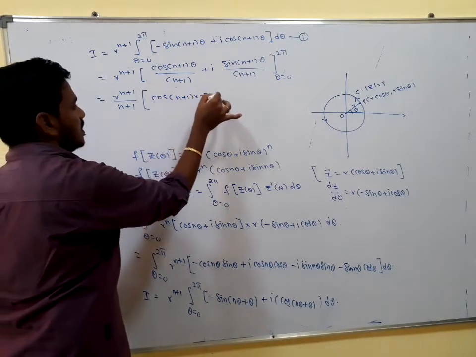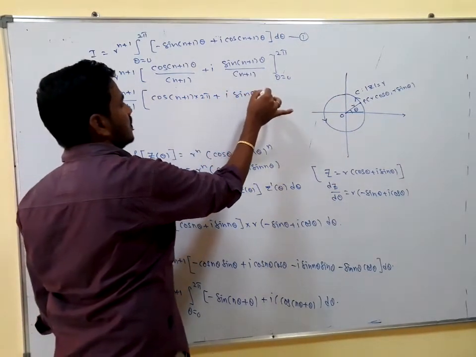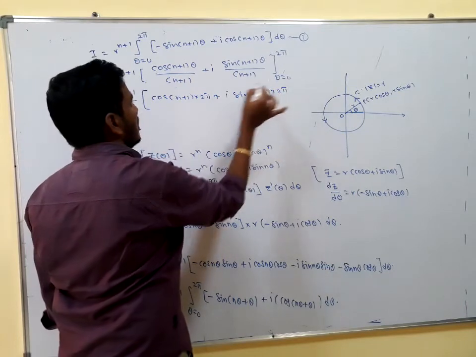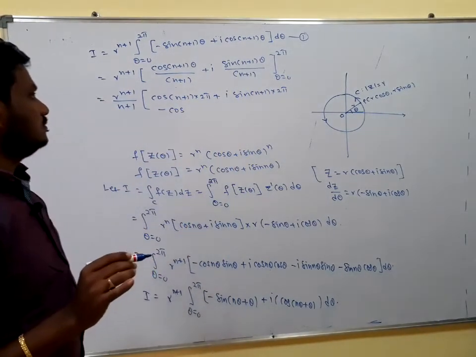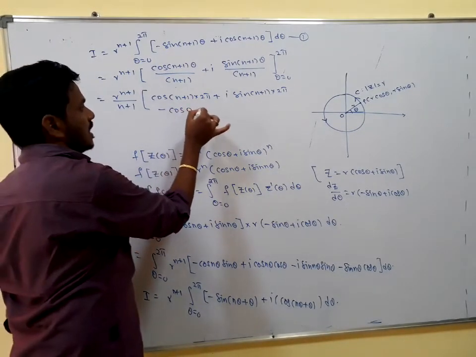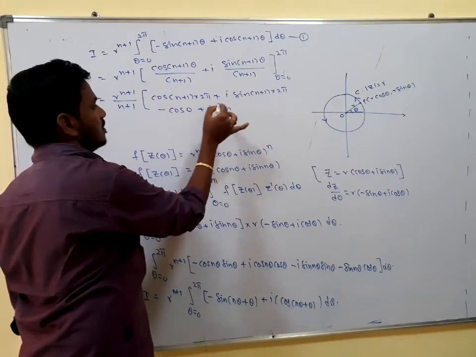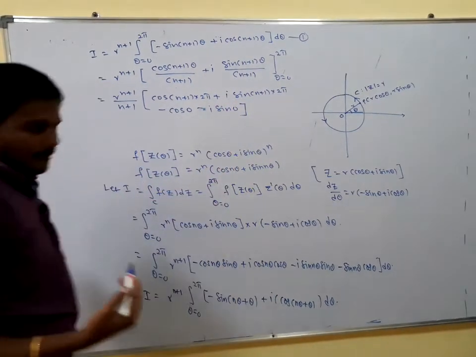I am substituting the limits: cos (n plus 1) 2 pi plus i sin (n plus 1) 2 pi, minus cos of (n plus 1) into 0, which is cos 0, plus i sin (n plus 1) into 0, which is sin 0.